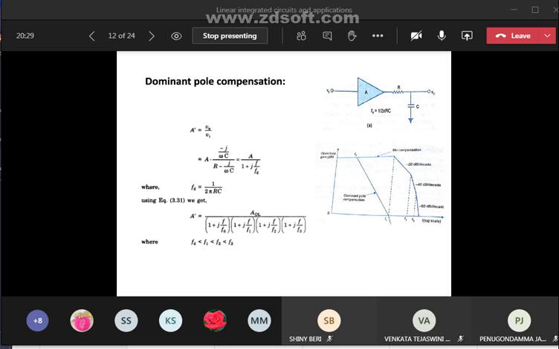The circuit is stable with 1 break frequency or cutoff frequency.